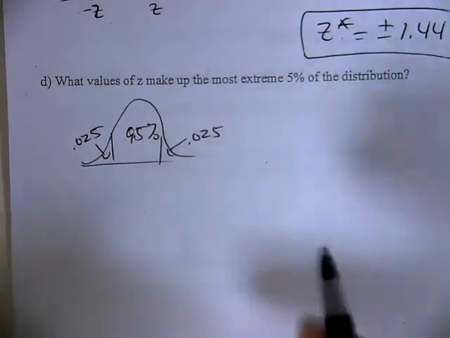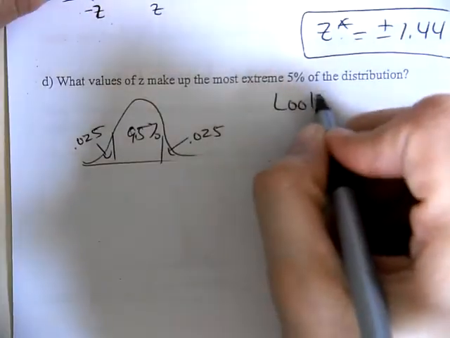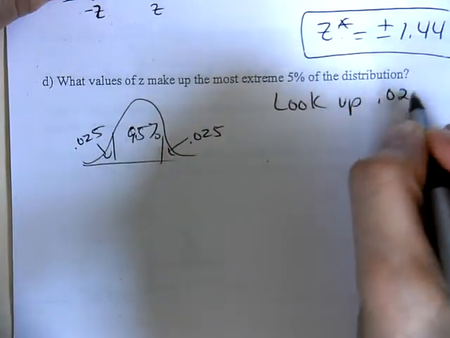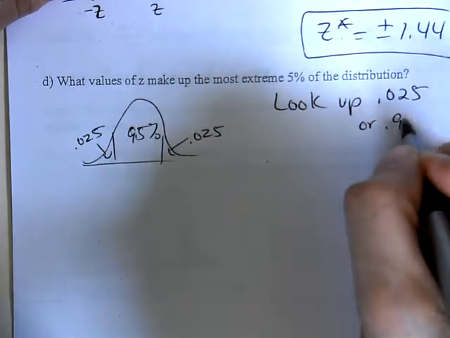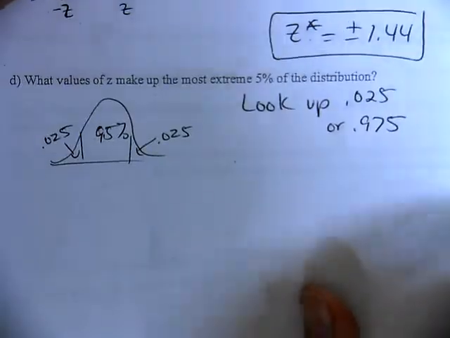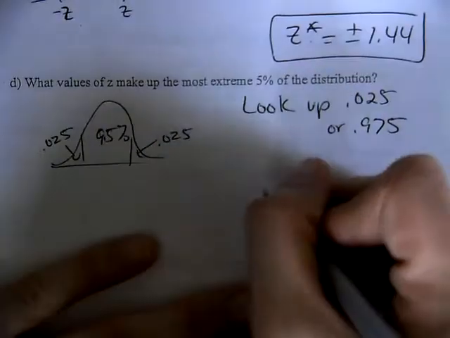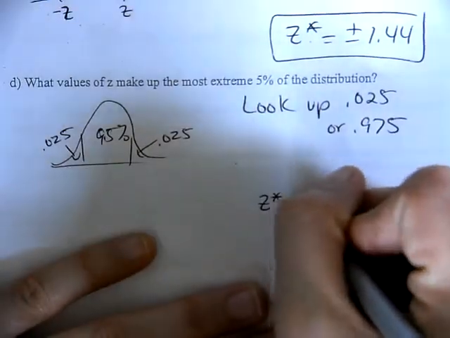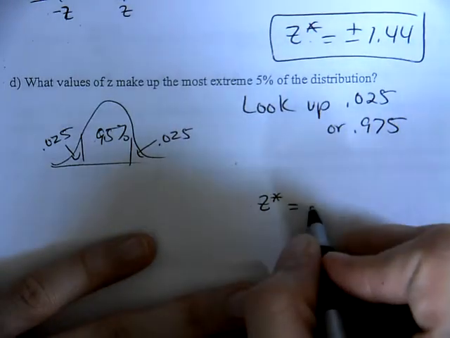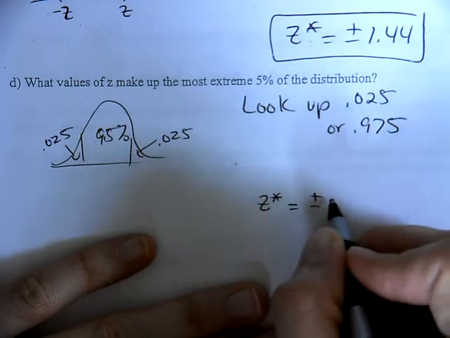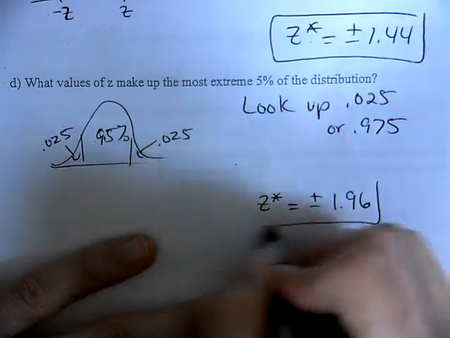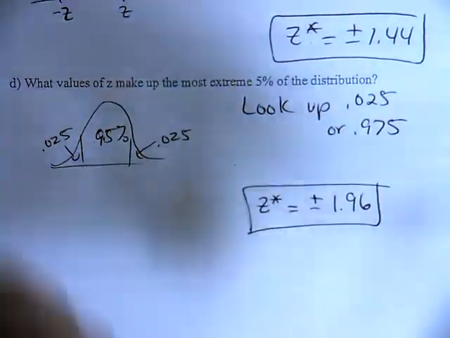See if you can figure out, you either want to look up 0.025 or 0.975. And what you should get is plus or minus 1.96, if you looked it up correctly.